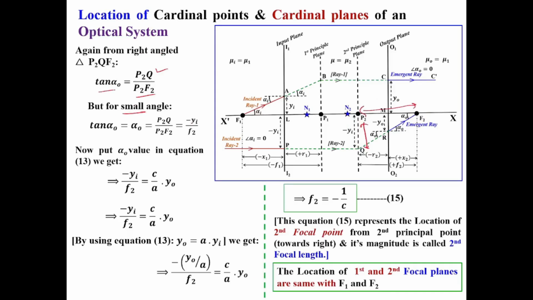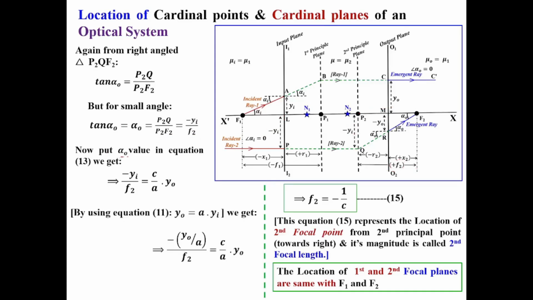For a small angle, tan alpha O equals P2Q by P2F2. Here P2Q will be considered as minus yi. See, this height is your yi. At the time of incidence, this is considered as minus yi, as it is taken from the principal axis towards down, so obviously it will be negative according to sign convention. So minus yi by P2F2. P2F2, this length, is nothing but your focal length, this length taken as positive, F2 written here.